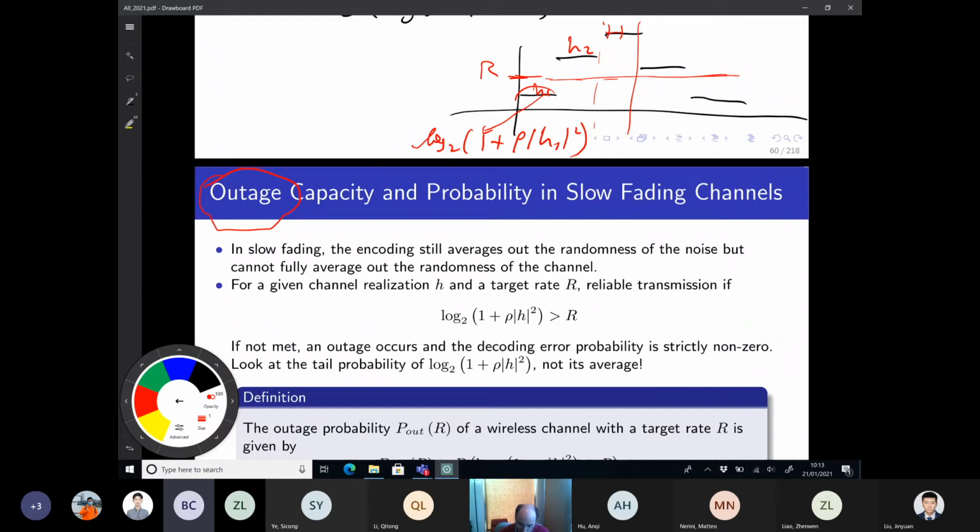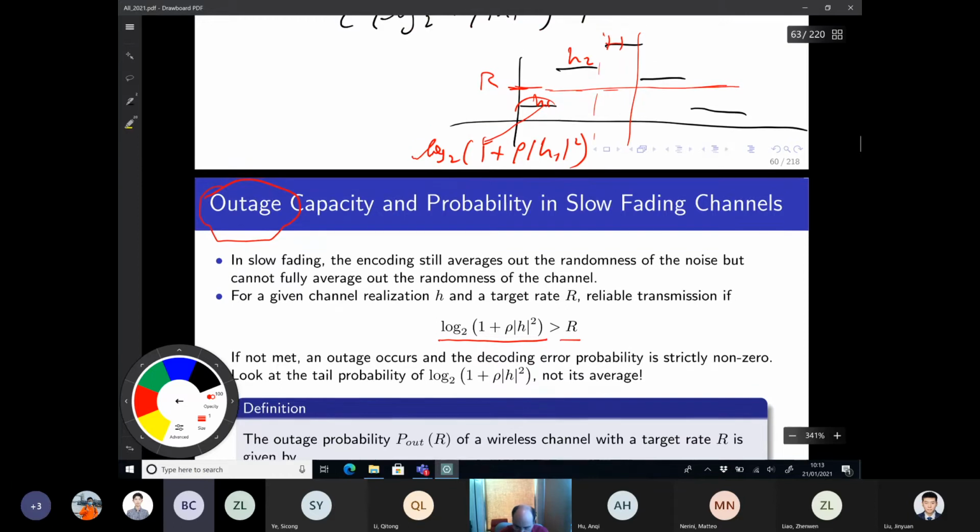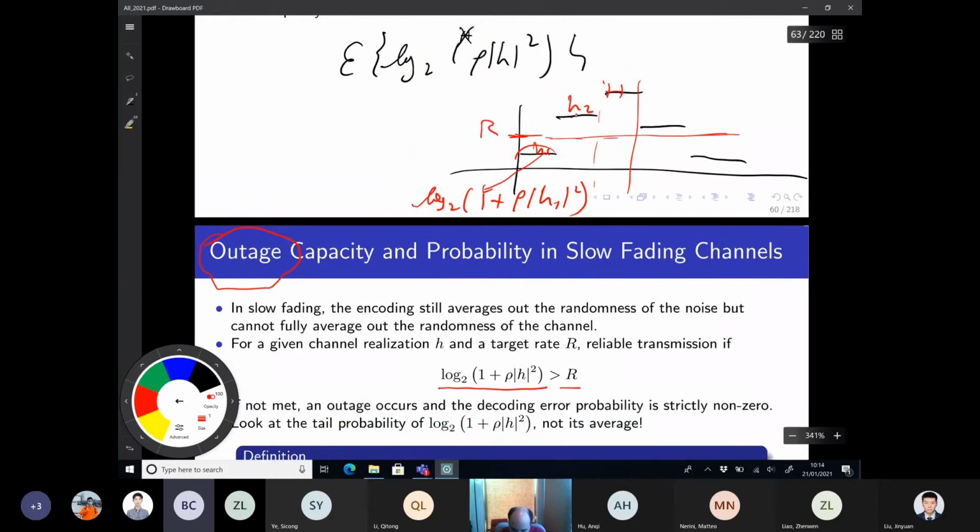And so reliable transmission will only occur if your channel can support the rate at which you transmit. For instance, for those channel conditions, the rate that the channel can support is higher than the rate at which I transmit, so I'm going to have reliable transmission over those channel states.